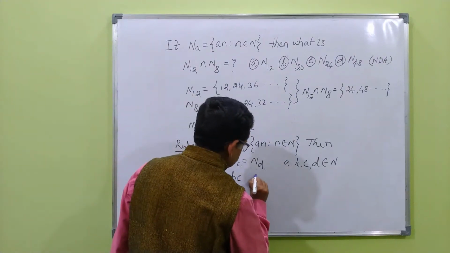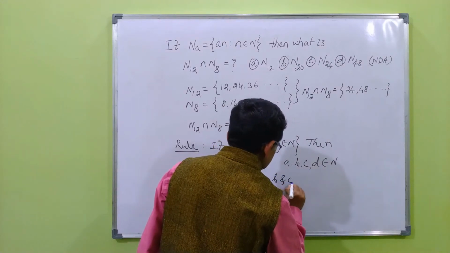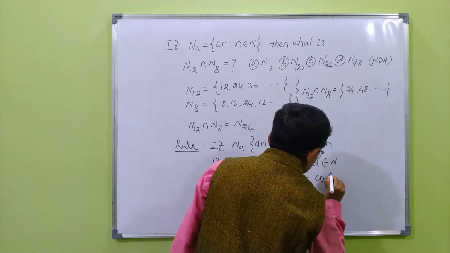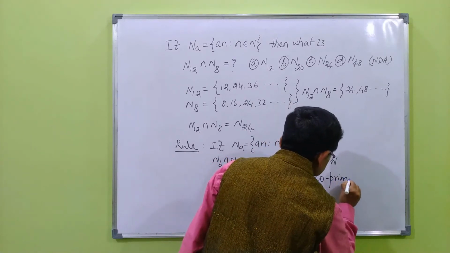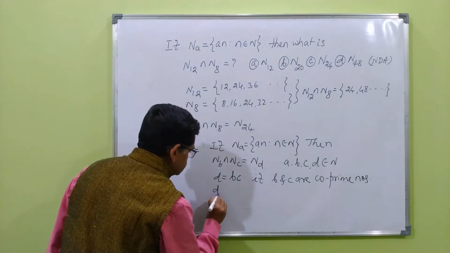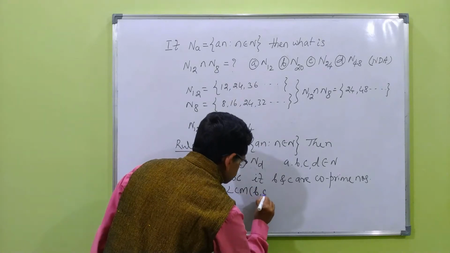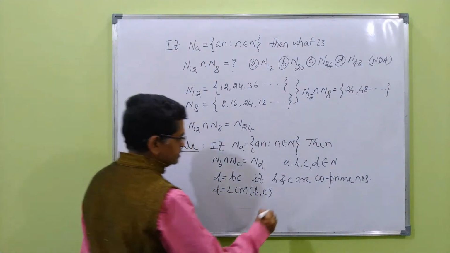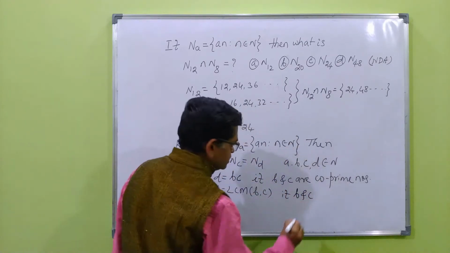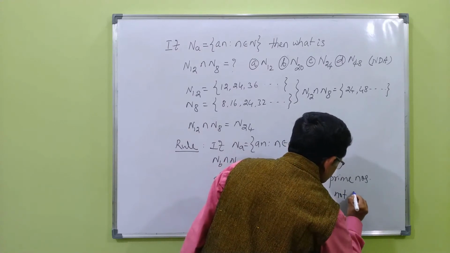If B and C are co-prime numbers, co-prime, D is equal to B into C. D is equal to LCM of B and C if B and C are not co-prime.